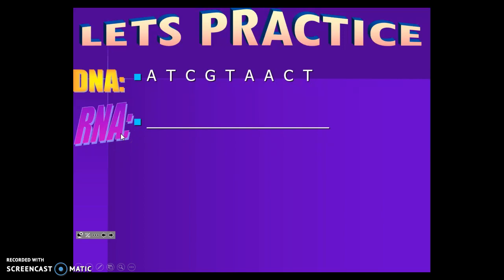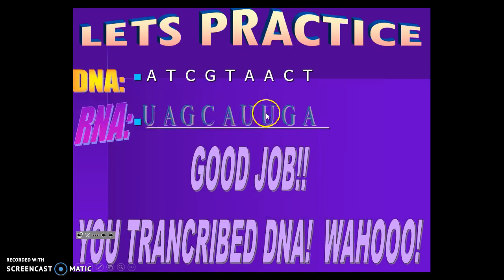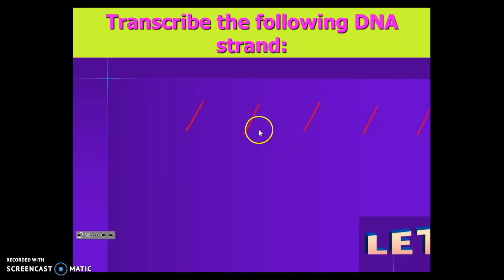So take a moment right now and transcribe this DNA strand. So you should have gotten UAG, CAU, UGA. And we can see that this transcription molecule has uracil in it, and I would go through and break these up into codons. Excellent.